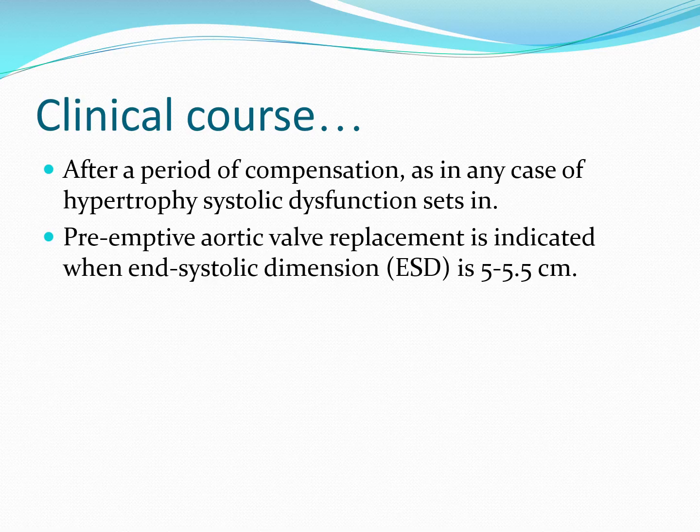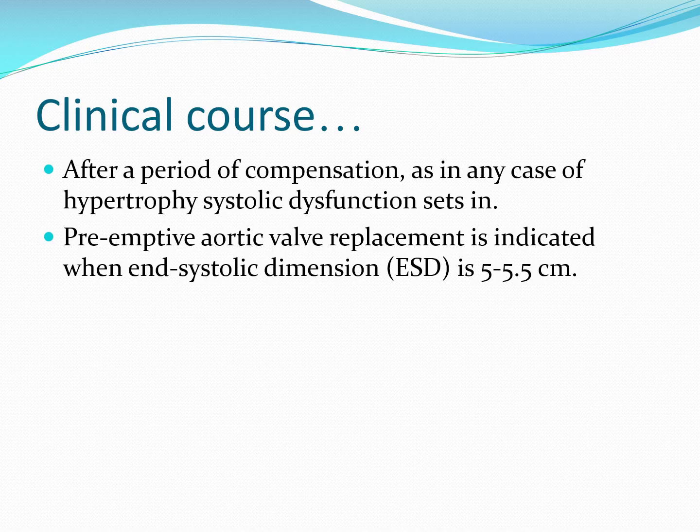As in any case of hypertrophy, after a period of compensation, you develop LV dysfunction, and this is bad. So we have to operate before left ventricular dysfunction sets in. In the case of aortic regurgitation, we have some numbers to remember. The ventricle by echo has an end diastolic diameter and an end systolic diameter.